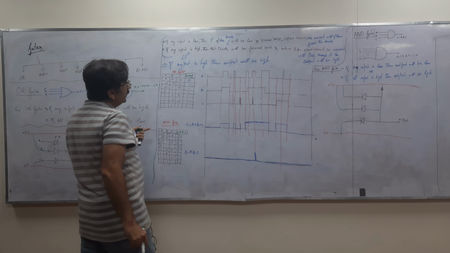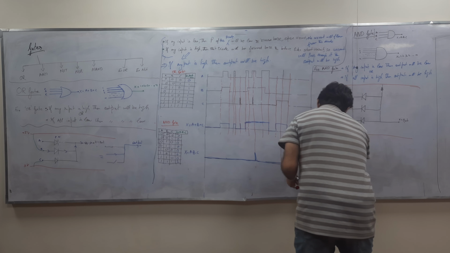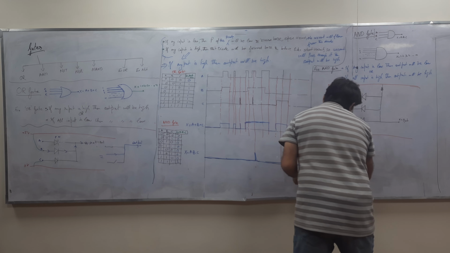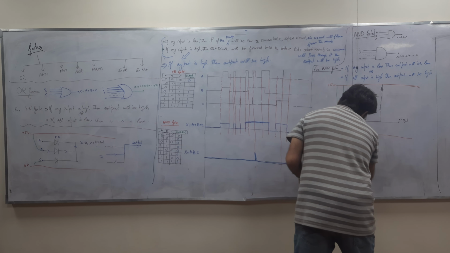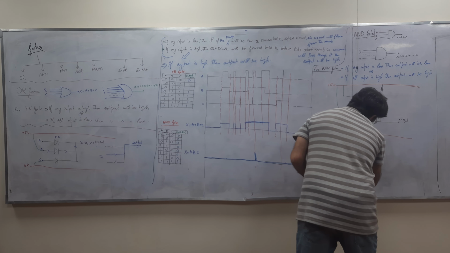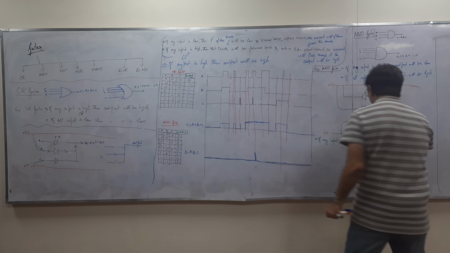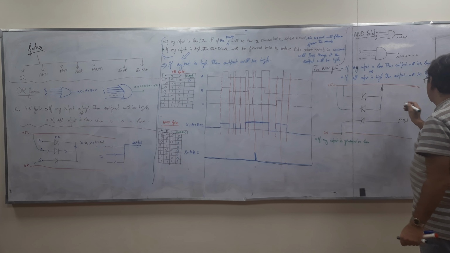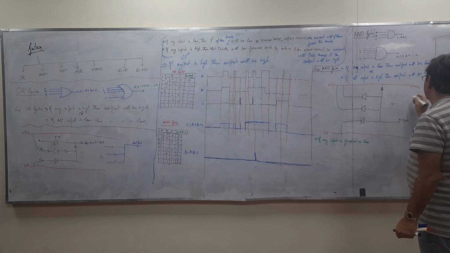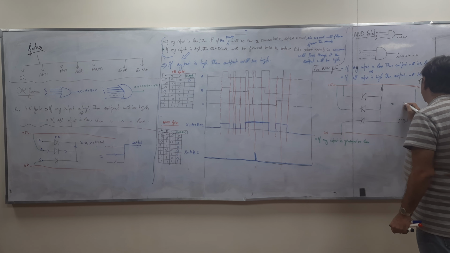In this case, as I have explained, if any input is ground or low, like if C is low, then this diode will become forward bias, and current will pass through this. I mean, this circuit is equivalent to, let me draw it.